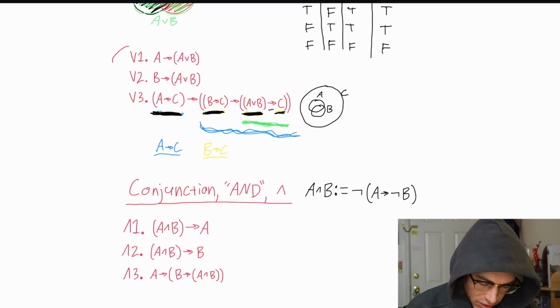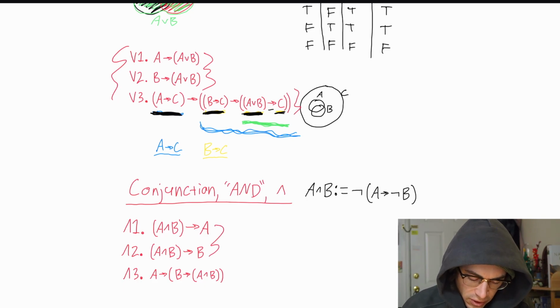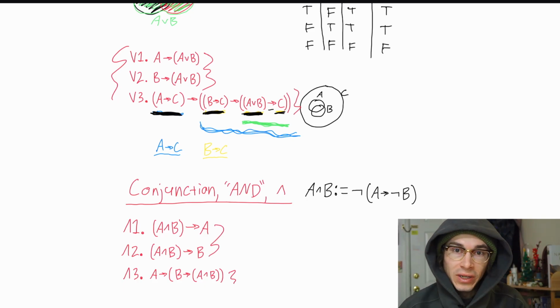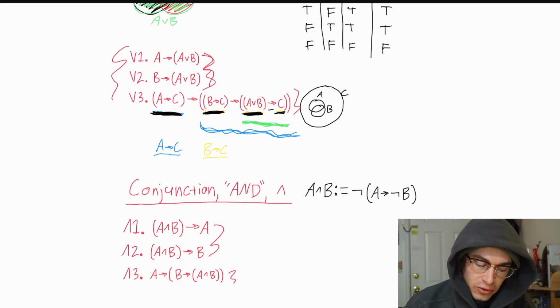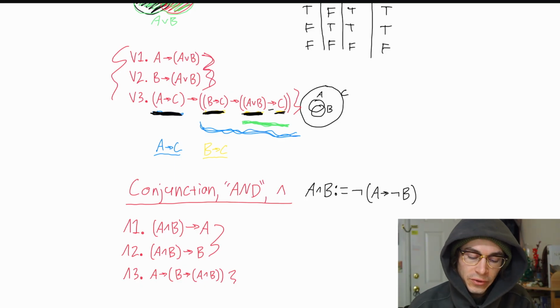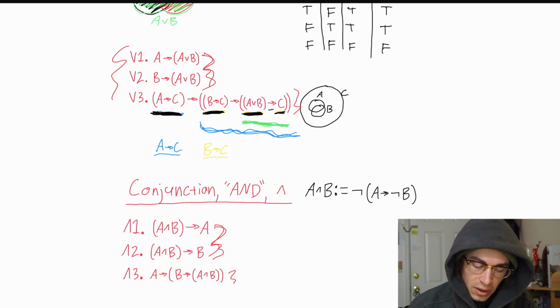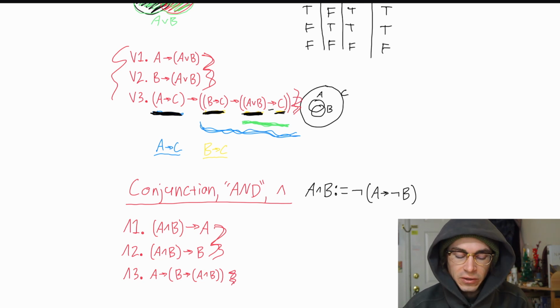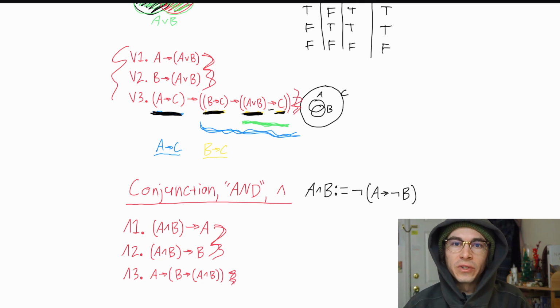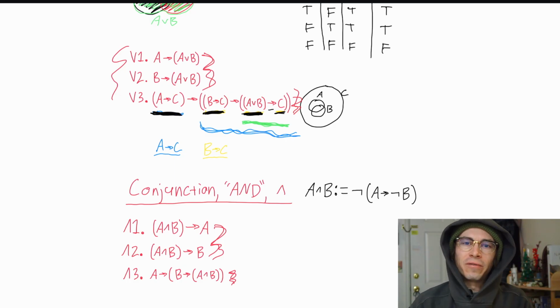Now, if you look at our definitions for disjunction, the first two sort of form this little pair, and then the last one goes in the opposite direction. But in disjunction, the first two deal with the individuals implying the whole statement, while in conjunction, the first two deal with the whole statement implying the individuals. And again, the last one sort of stands alone and goes in the opposite direction from the first two. And I just find that to be a cool little symmetry.